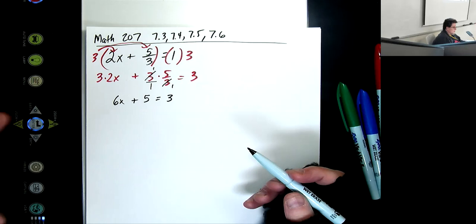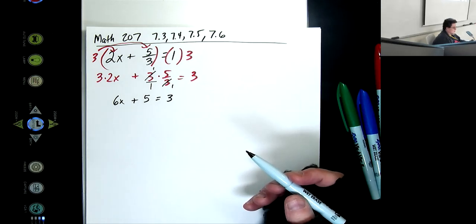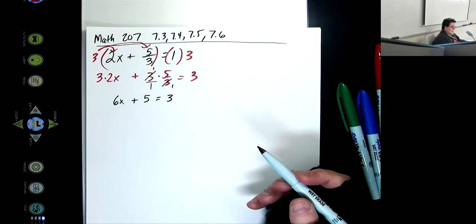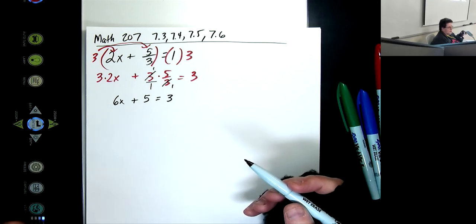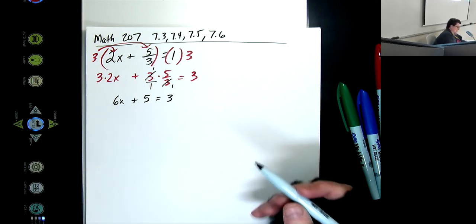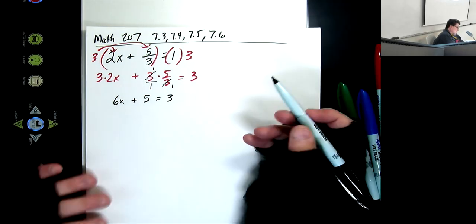Since I did the same operation to both sides, the answer is still going to work, but now I don't have to work with fractions. I'm probably still going to have a fraction at the end, but I don't have to work with it the whole way. So yes, please sign me up for that.